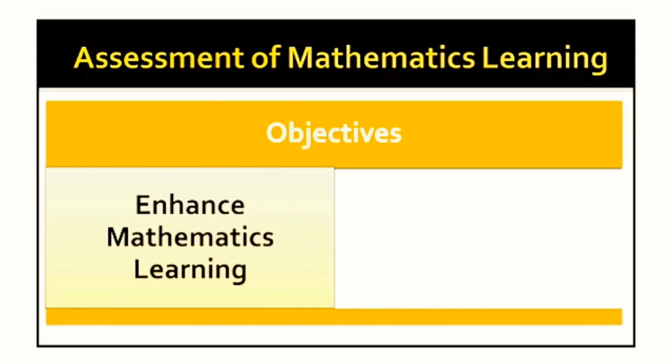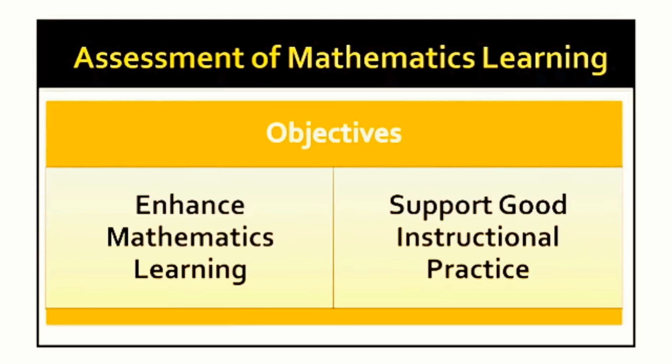But it does not tell me what I have not learned. So assessment should provide ample opportunity to a learner to know what he has learned and what he has not learned. Thus, one of the important objectives of assessment of mathematics learning is enhancement of learning.